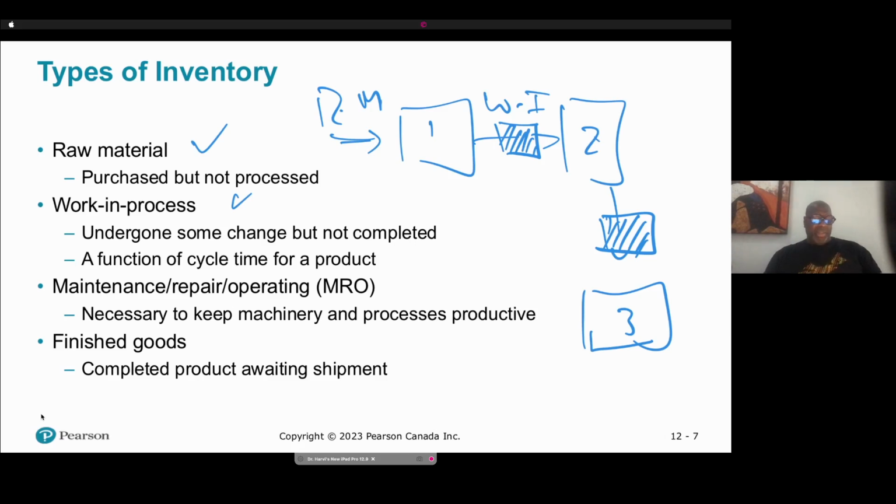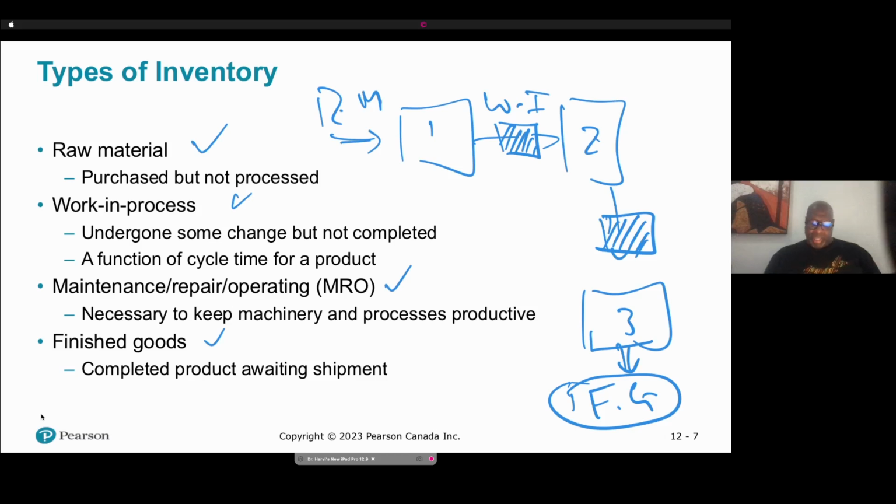Then you also have maintenance and repair, MRO, inventory. So spare parts, for example. And then the actual finished goods, when you produce the product at the end, finished goods inventory. All right.